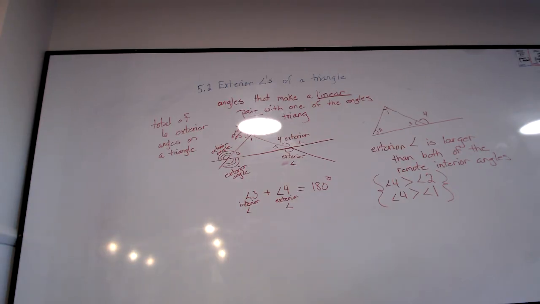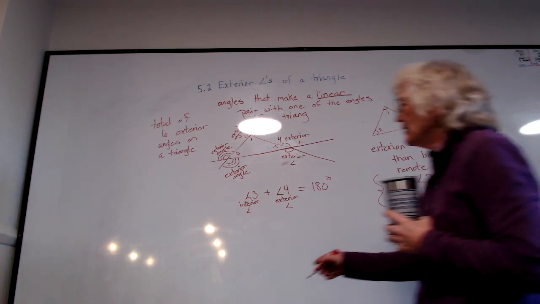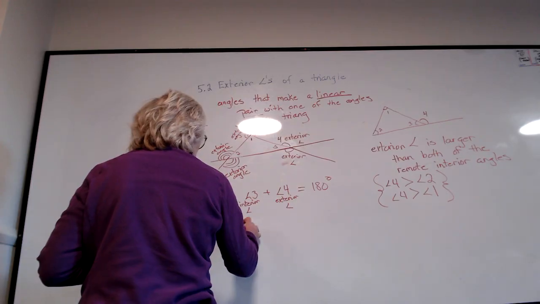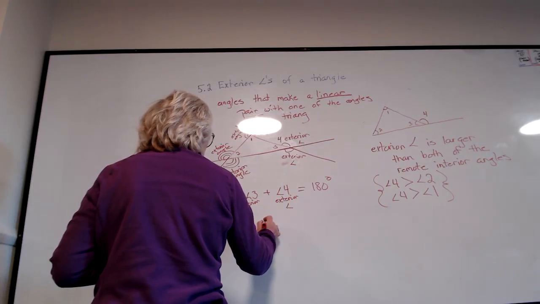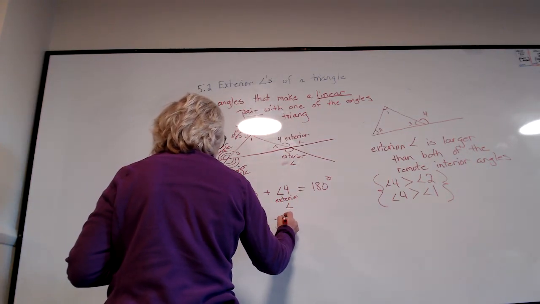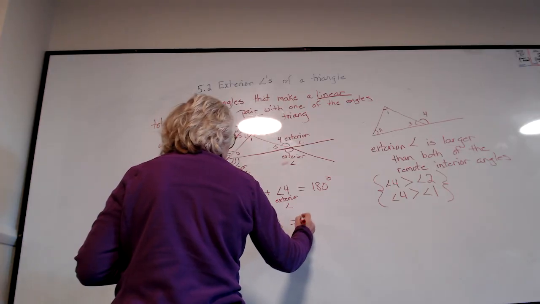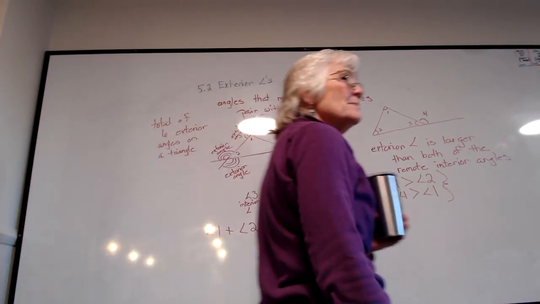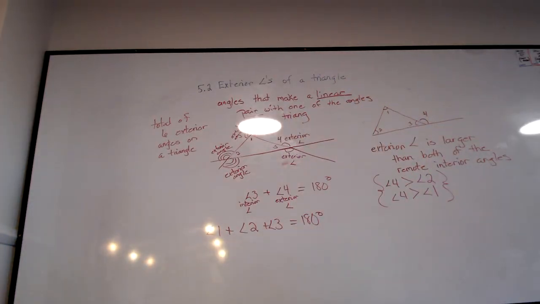So this is what we know. We know that angle 1 plus angle 2 plus angle 3 is equal to 180 degrees. That's because those are the sum of the angles in a triangle. Okay, so we know that.